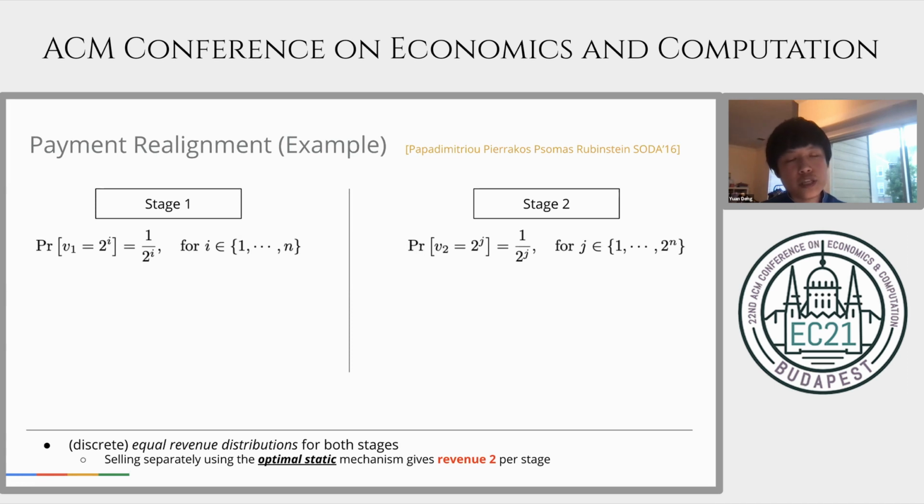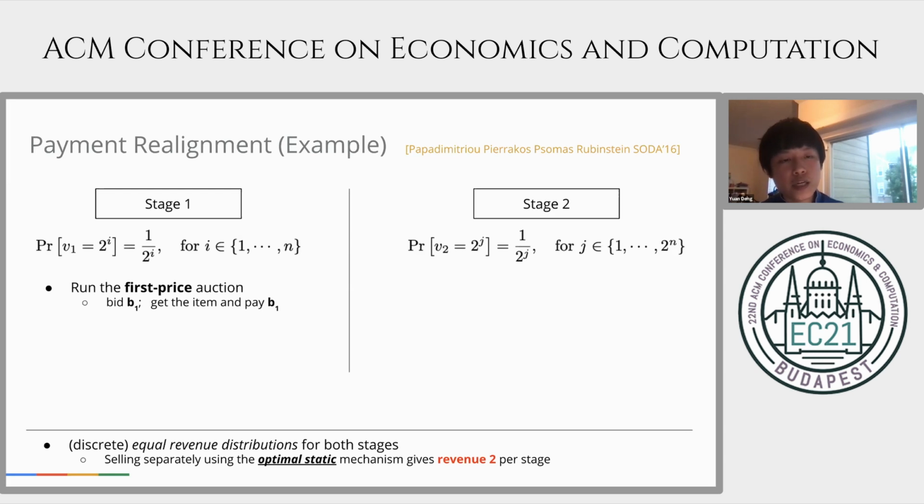And the difference between stage 1 and stage 2 is that in stage 1, the index i is between 1 to n, while in stage 2, the index is between 1 to 2n. Since we have an equal revenue distribution for both stages, a static mechanism, or selling separately using the optimal static mechanism, gives revenue at most 2 per stage.